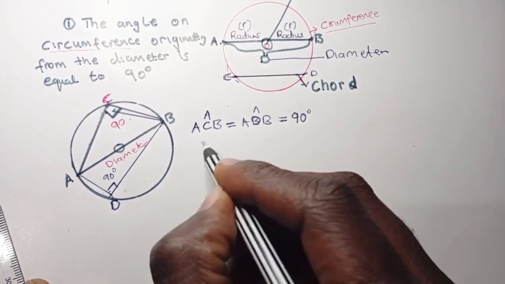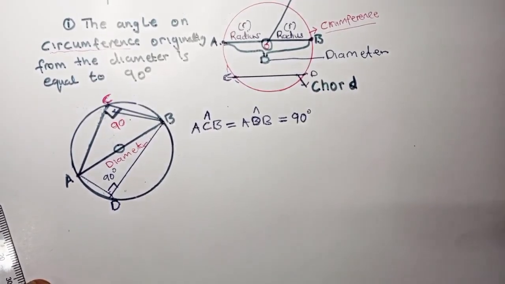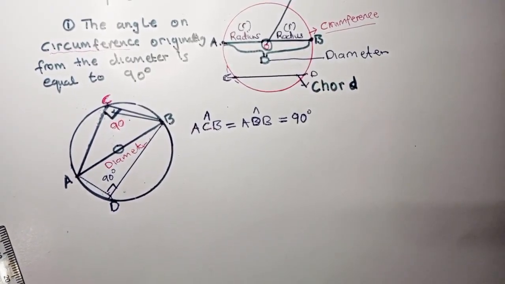So that is the property that we've talked about. Then we go to property number 2.